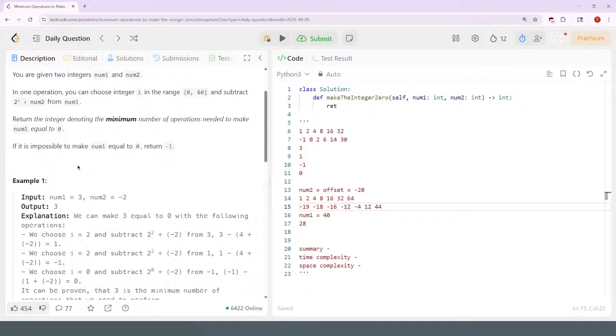Subtract 2 to the i plus num2 in one operation.